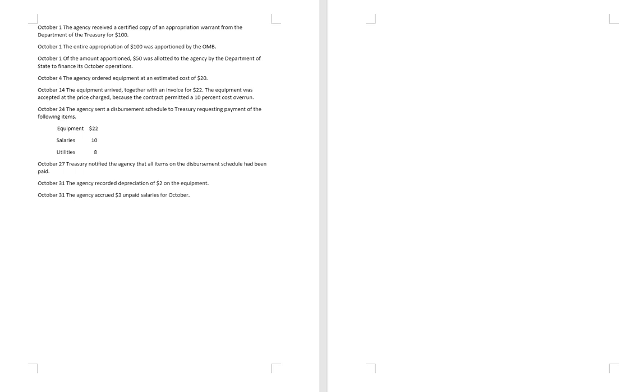It's unapportioned until the same day the entire appropriation of 100 was apportioned by the OMB. So we're going to debit unapportioned 100 and credit apportionment 100. So this is for the budgetary accounting work.